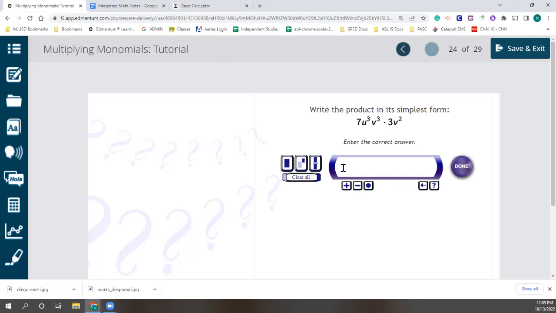Okay. 21 U to the exponent 3, back down to the baseline. I messed it up. Okay. And then U to the 3rd. Oh, I already have that one. Sorry.